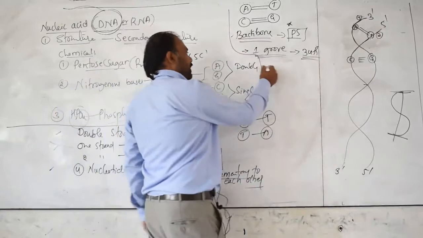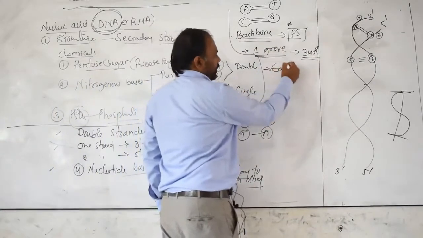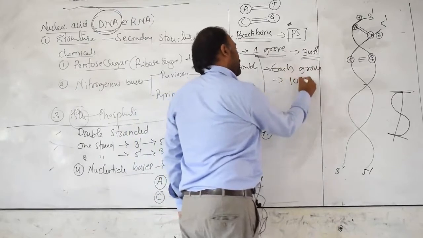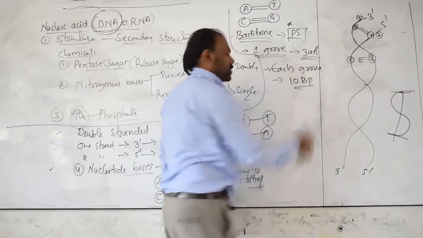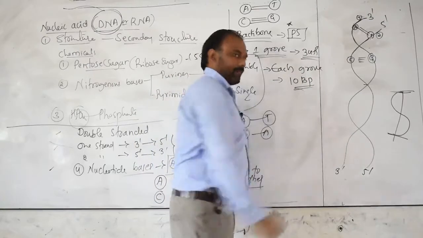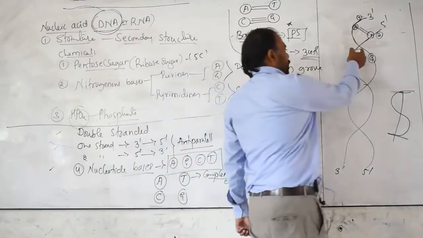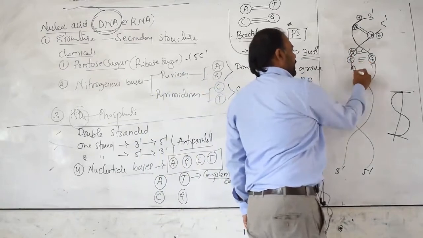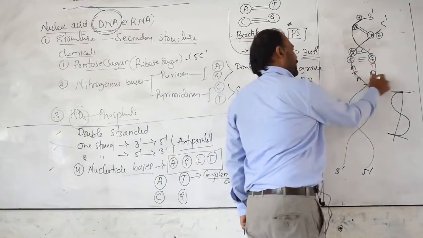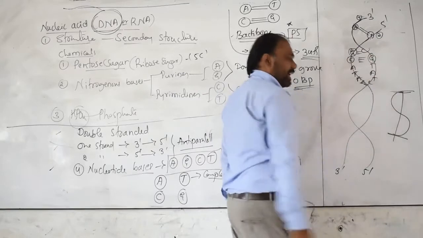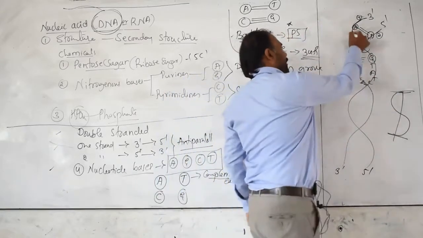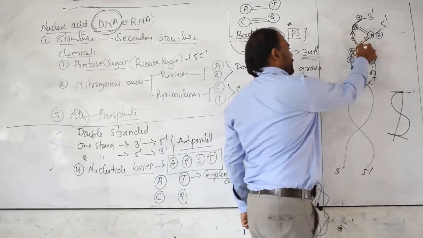In that, each groove contains 10 base pairs. BP refers to base pairs. See how CG, GC like this, and AT, TA, again AT, CG. So there are 10 base pairs present in each groove.